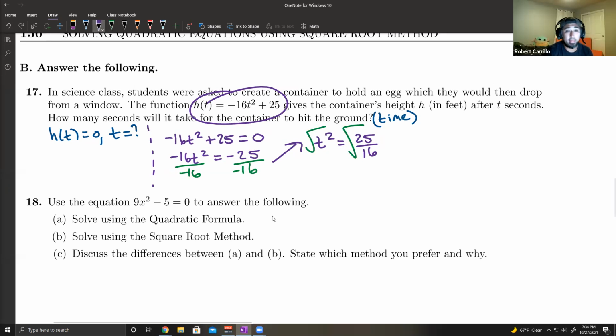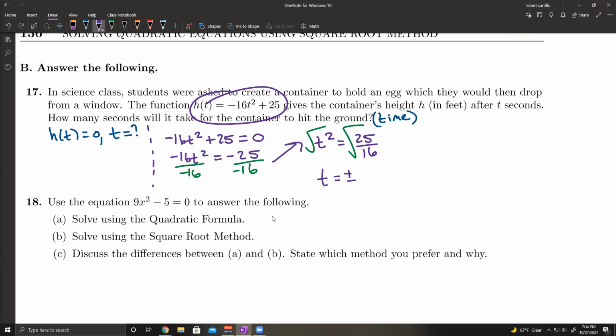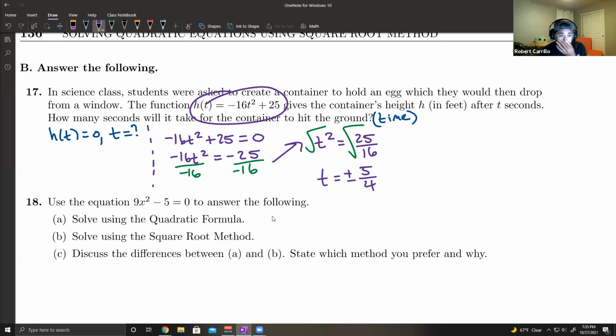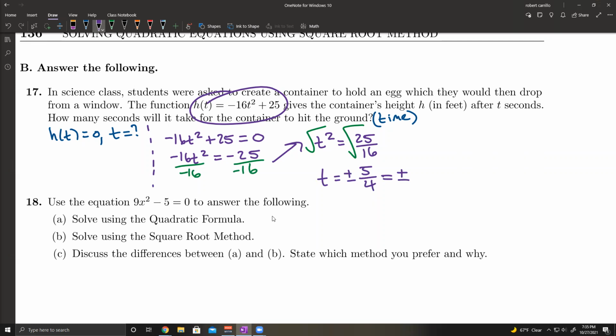And t is going to equal plus or minus, and what's our answer here? 5/4. But we want to give this in seconds, so we have to change this into a decimal. What is 5 divided by 4? 1.25.